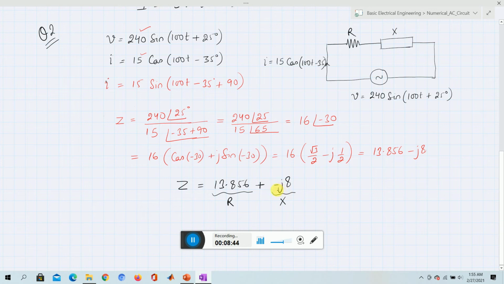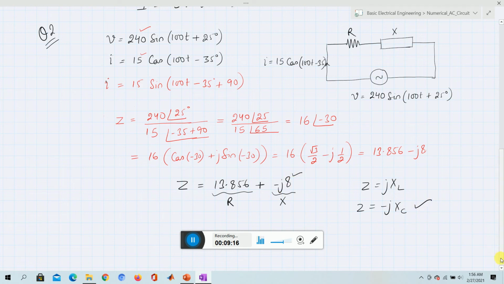Because there is a minus of j, we know that XL is usually written as j. If it's inductive, Z is written as jXL, and if it is capacitive, it is minus of jXC. So this term 8 can be said as XC, right? So this is the appropriate one for this value.